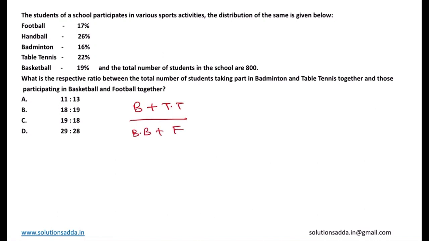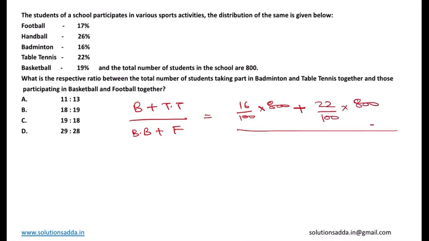Let B denote badminton, BB denote basketball, F denote football and TT denote table tennis. So the number of students in badminton is 16%. Therefore 16 by 100 cross 800, plus table tennis 22%, 22 by 100 cross 800, plus basketball 19%, 19 by 100 cross 800, plus football 17%, so 17 by 100 cross 800.